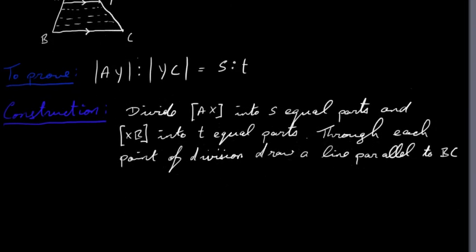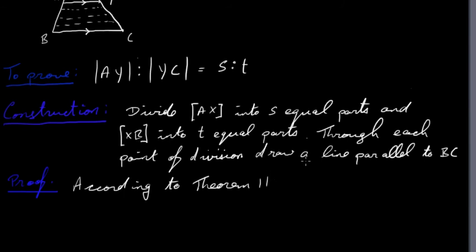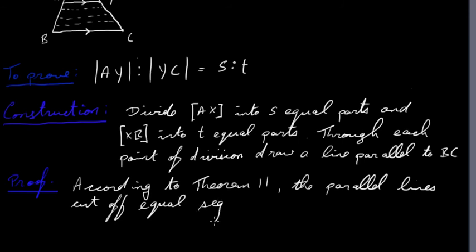How are we going to prove this? So the proof, right, so now according to our previous theorem, according to Theorem 11, the previous video that I did, the parallel lines cut off equal segments along AC.